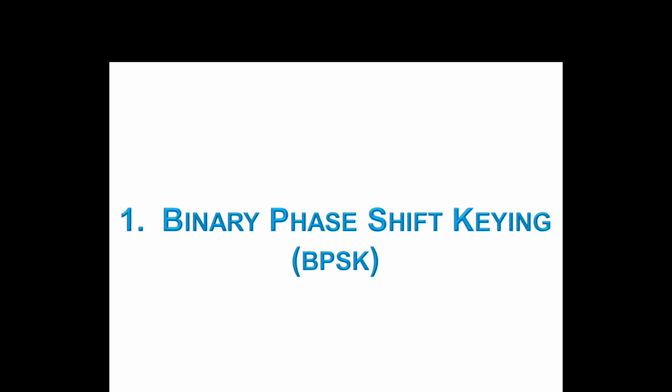What does the word binary indicate? It means we have only two phase shifts, so we can transmit only two different inputs at a time. That's why it is said to be the binary phase shift keying method.